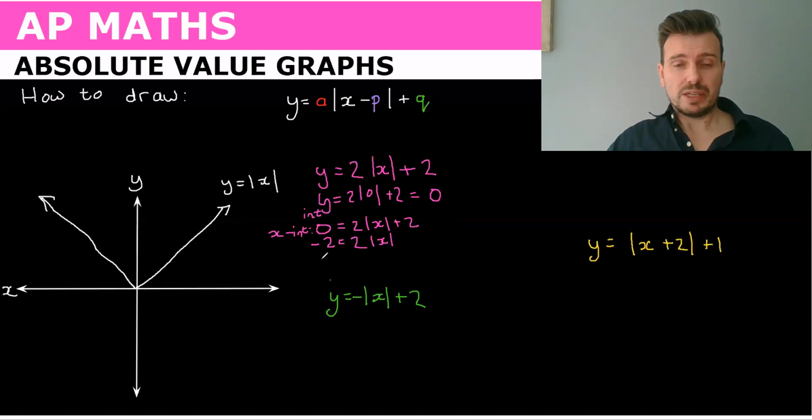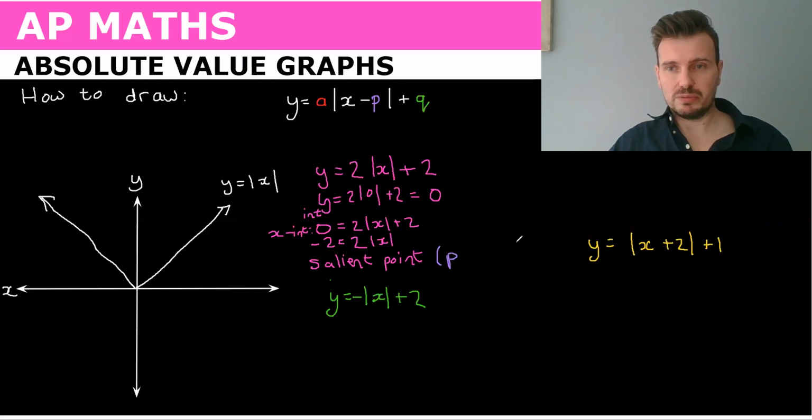So this is why the salient point is actually more important with most of these. The salient point tells us where it shifts upwards and to the left. So our salient point is equal to P and Q. Let's look at our salient point.